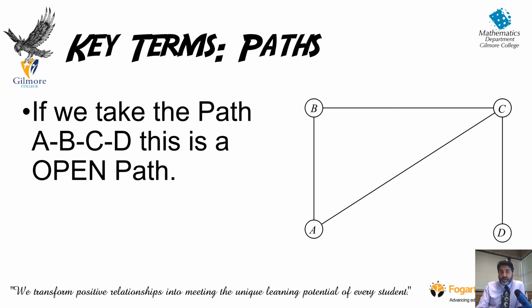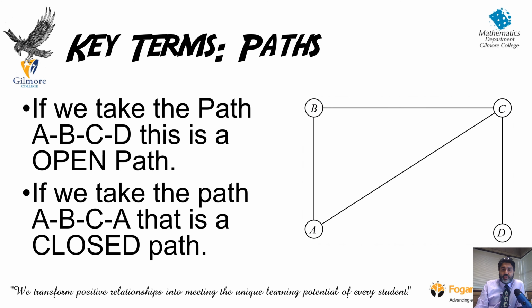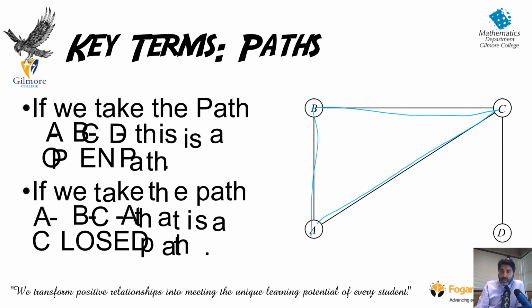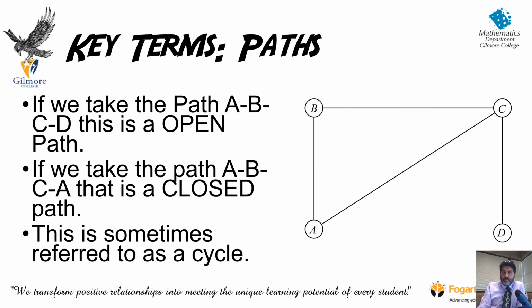If we take the path A, B, C, D, this is an open path. If we take the path A, B, C, A, that's called a closed path. This is sometimes referred to as a cycle, because we're going this way, that way, and then back down.